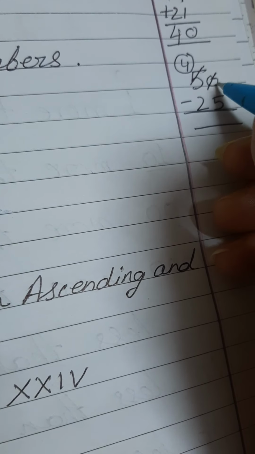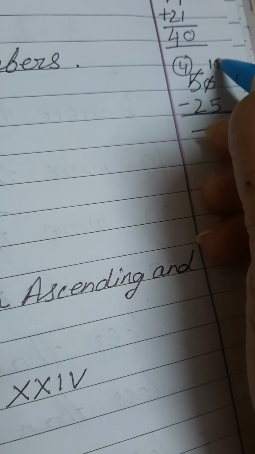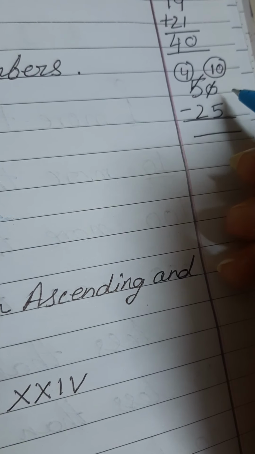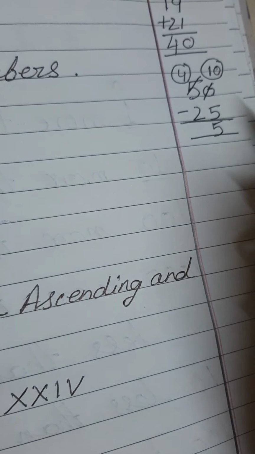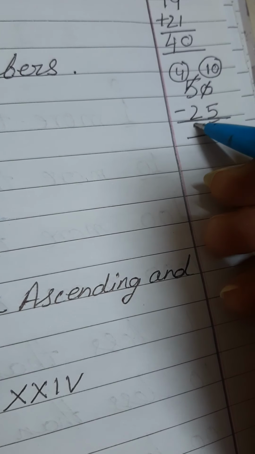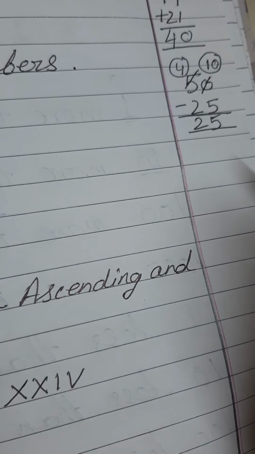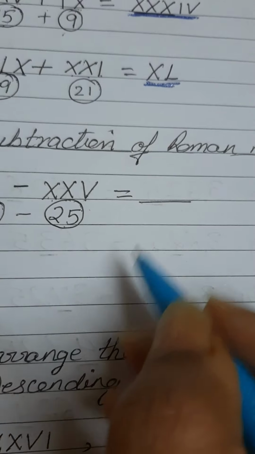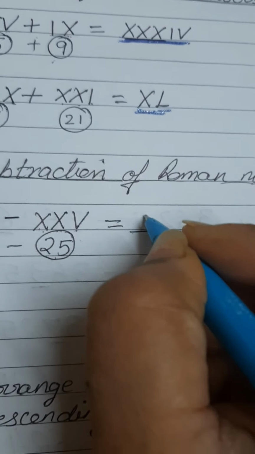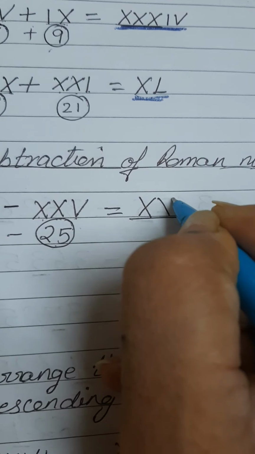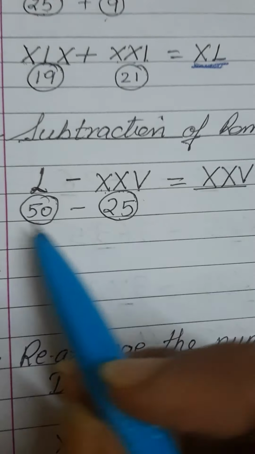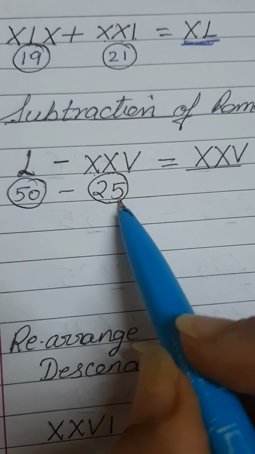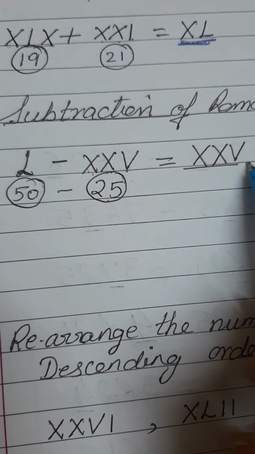So 1 tens plus 0 is 10. 10 minus 5 is 5. And 4 minus 2 is 2. So your answer is 25, which you will write down here in Roman number. And Roman number 25 is written like this, X, X and V. So your answer will be 50 minus 25 is equal to 25 in Roman numbers.